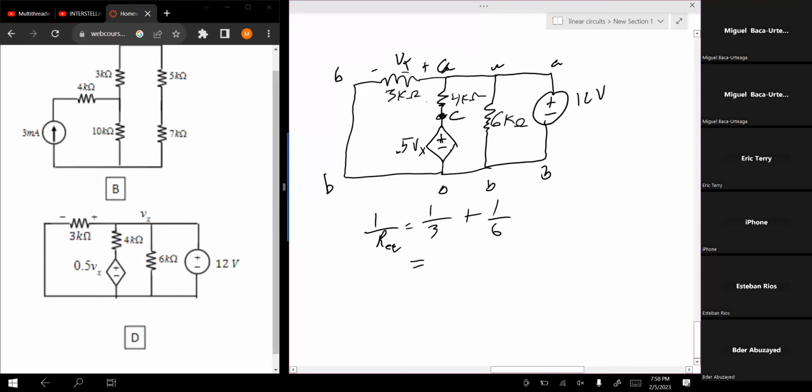Oh no, the 4 would not be in parallel, because for them to be in parallel, they need to share the same starting and finishing nodes. If you look at this one, you have A and B across it. And if you look at the 6 kilo ohm resistor, you have A and B as well, right? As long as they share the same nodes, you can say they're in parallel.